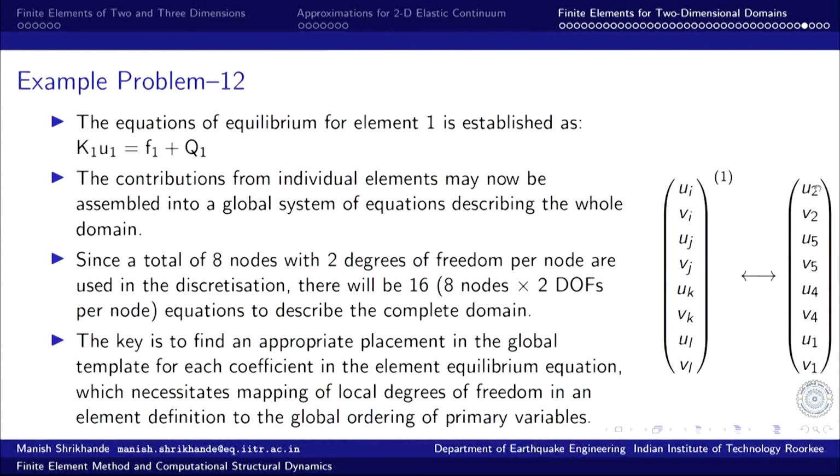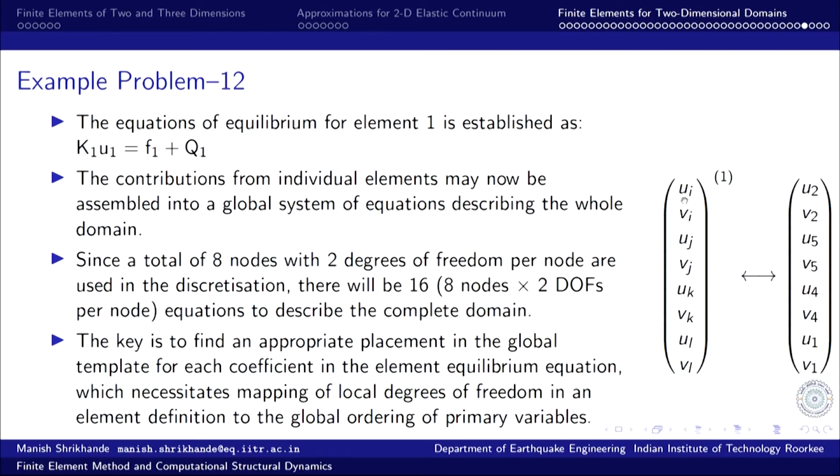In the global mesh, node I may refer to some particular node according to the mesh design. So, in this particular example, the ith node of element 1 corresponds to node 2, jth node corresponds to node 5, kth node corresponds to node 4, and lth node corresponds to node 1.